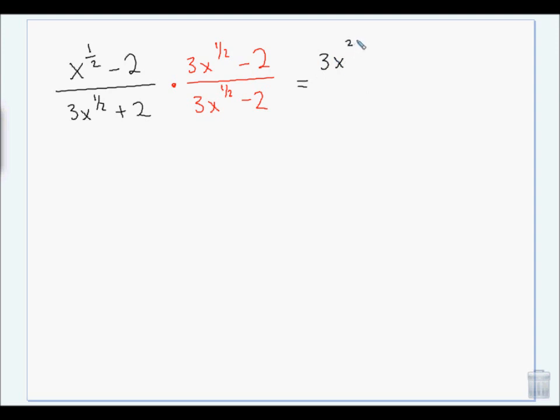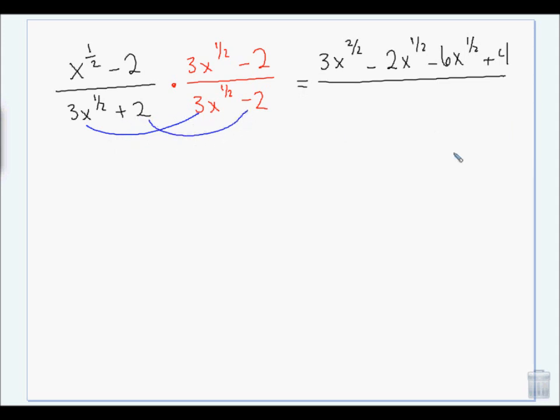Because a half plus a half is 2/2. Minus 2x to the 1/2 minus 6x to the 1/2 plus 4. And when I do the denominator again, because I'm just doing conjugates, I only do first and last. So I get 9x to the 2/2 minus 4.